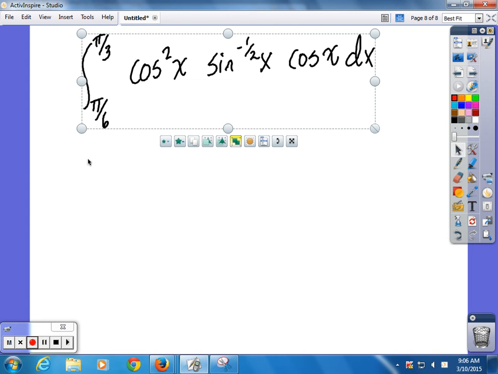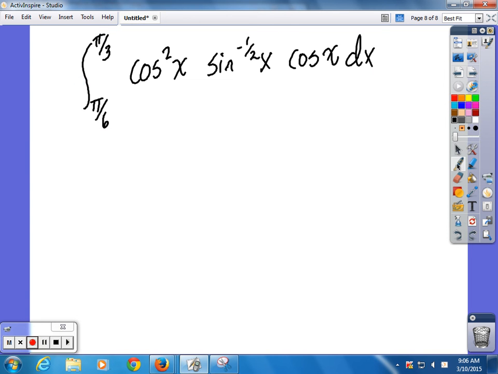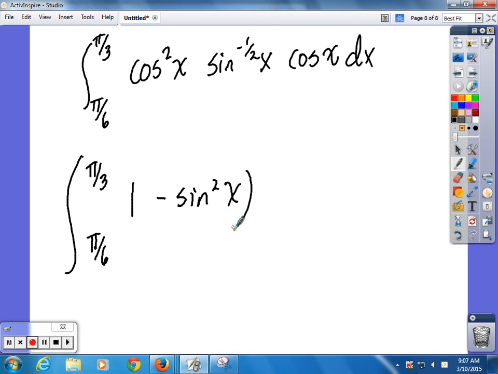No complicated. All right. Pi over 3, pi over 6. What's the cosine squared? Have you started seeing a pattern to these things?